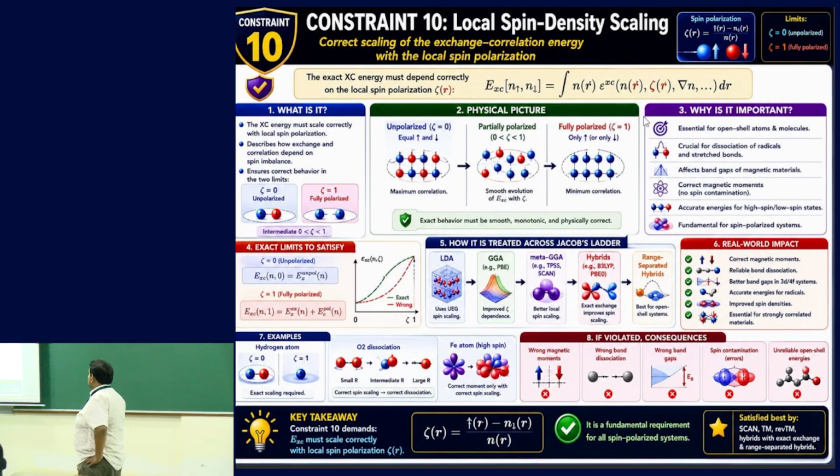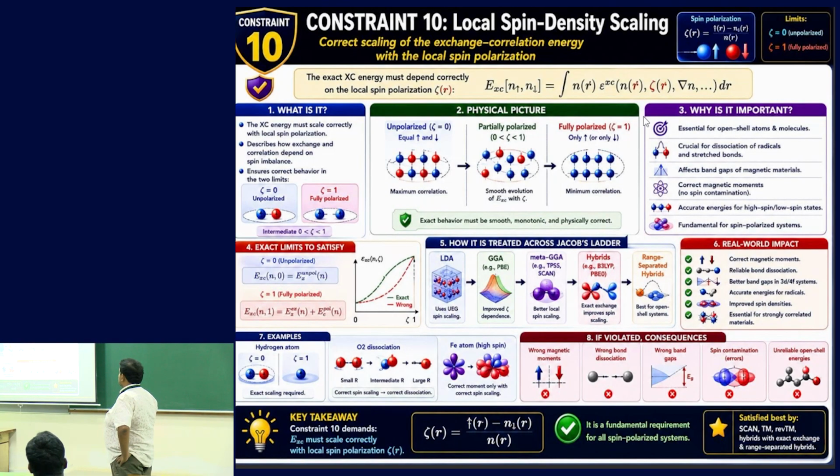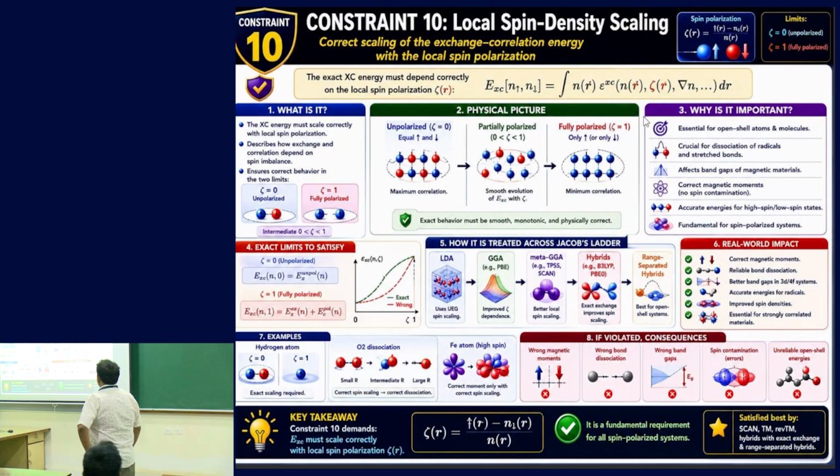Your enhancement factor, or the way you design the functional, should have this thing. So you have this polarization, this Xi, how will it be for this schematics? What should be the Xi?